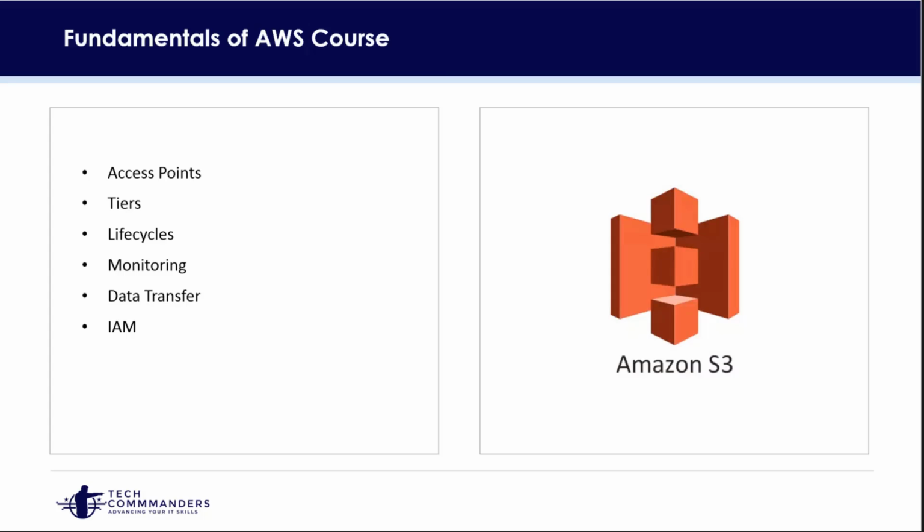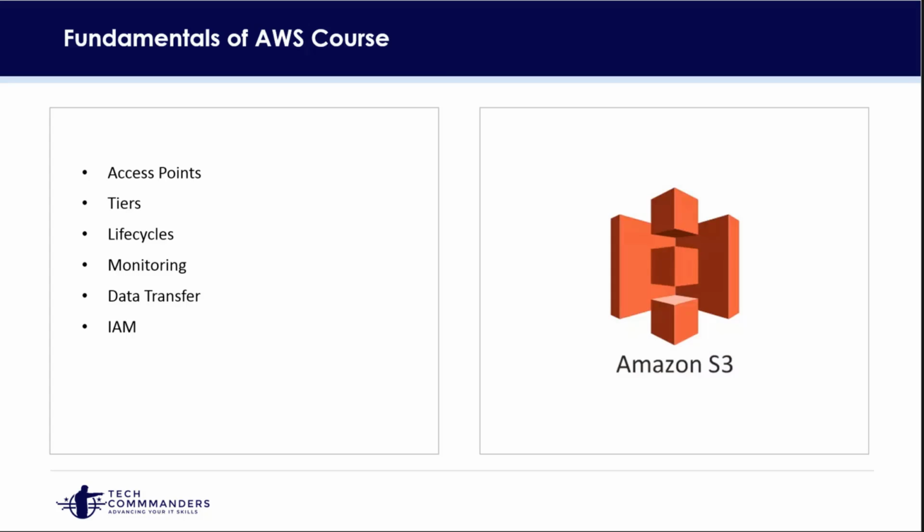Tiers. Now, tiers, of course, are used to ensure that you as a customer have the right level of availability, performance, and cost. Life cycles manage the data that is in your S3 buckets. For example, data does get stale. Maybe what you want to do is create a life cycle, move that data out of the standard tier into a lower tier that might save a little bit of money.